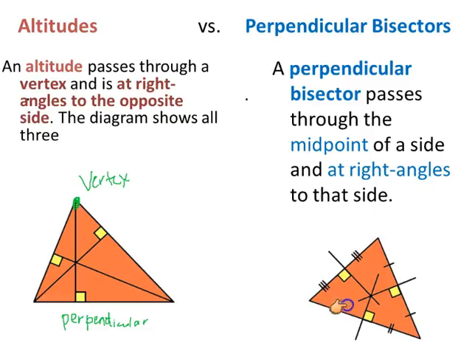If we continue this line, it's not going to intersect at a vertex. But what's important is that the intersection is at a 90-degree angle, and it divides the side into 2 equal parts. So that's our last type of segment that we're going to chat about for parts of triangles. So we have medians, altitudes, and perpendicular bisectors.